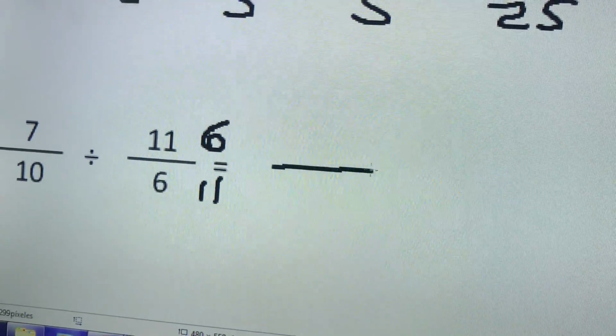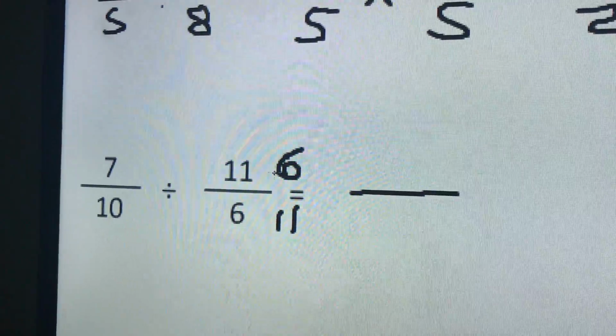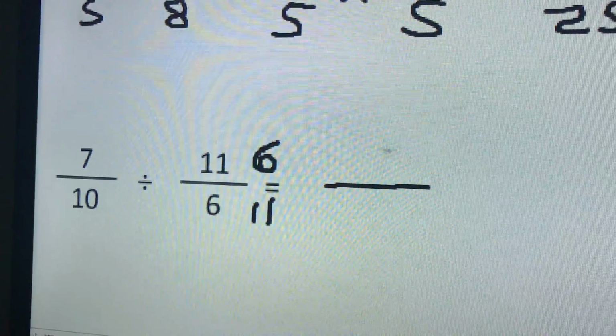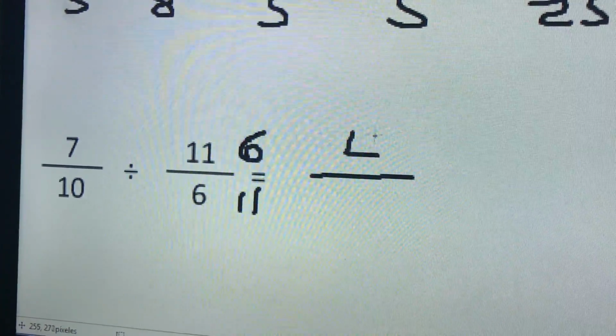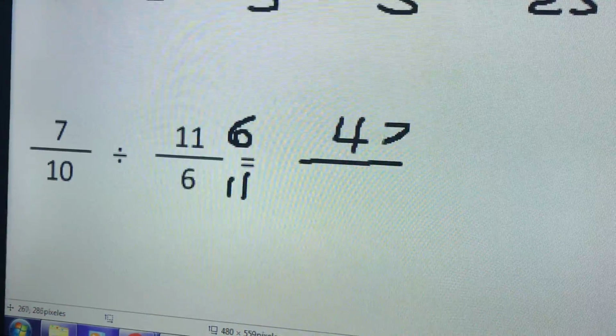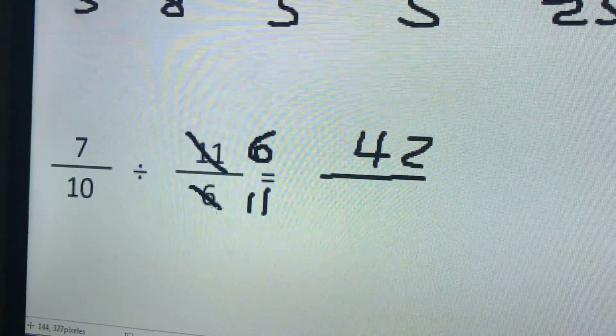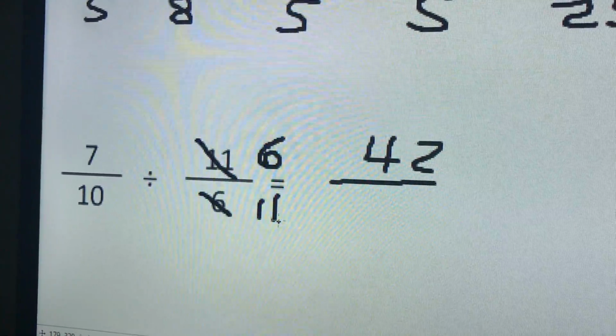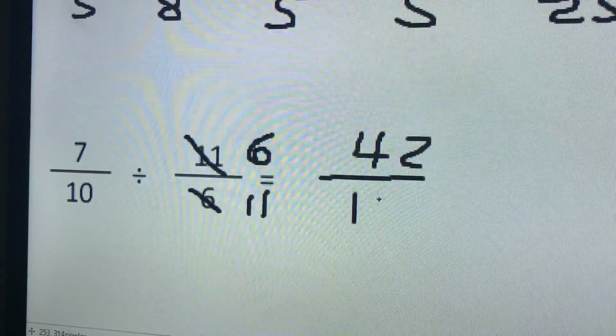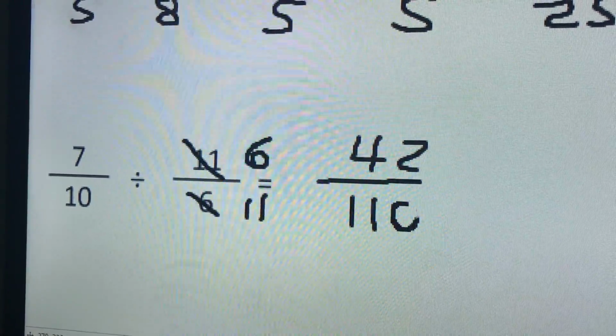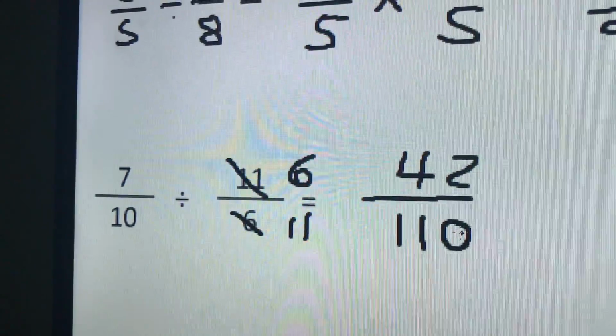So I just put here 7 times 6, 42. Correct. And then, because I flipped them, 10 times 11, 110. And there you go.